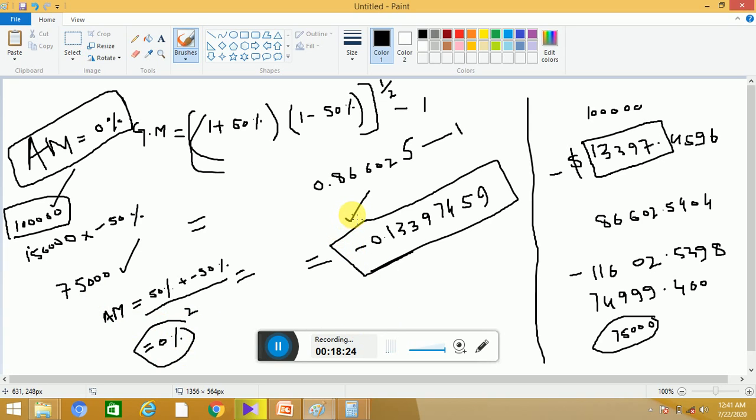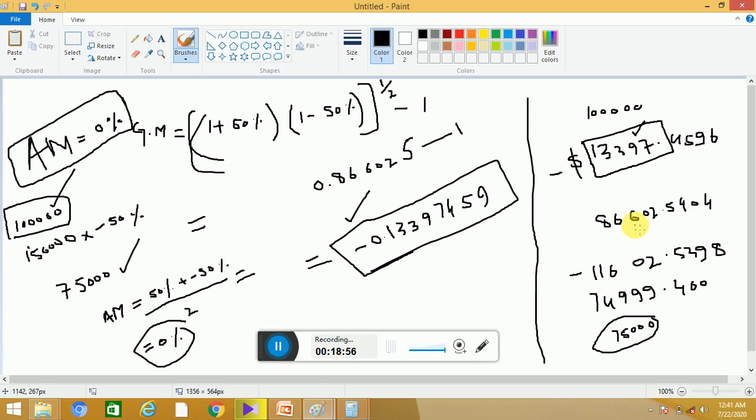But when we use geometric mean, it gives us information that there is a loss of 0.133974, which means 13.397459%. When we calculate on 1 lakh, in the first year there is a loss of 13,397, then the amount becomes 86,602.540.